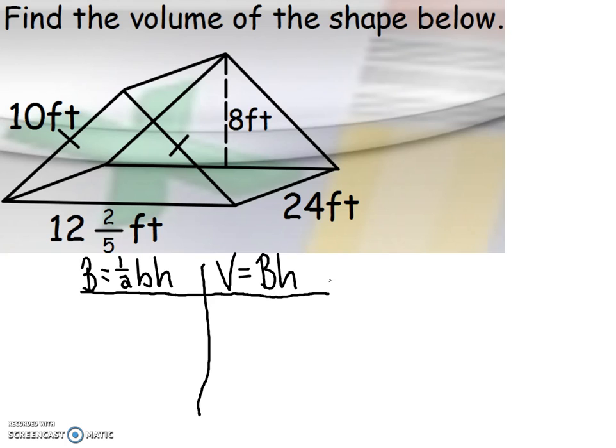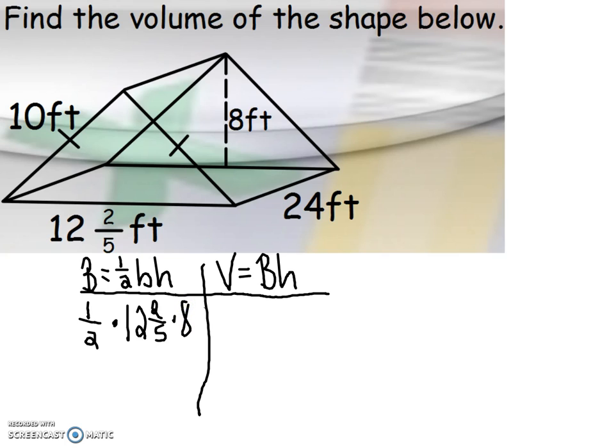And remember, the height of the prism is the distance between the two triangles. Okay, so my triangle, this would be my base, 12 2/5. My height would be 8. So we have 1/2 times 12 2/5 times the height, which is 8.